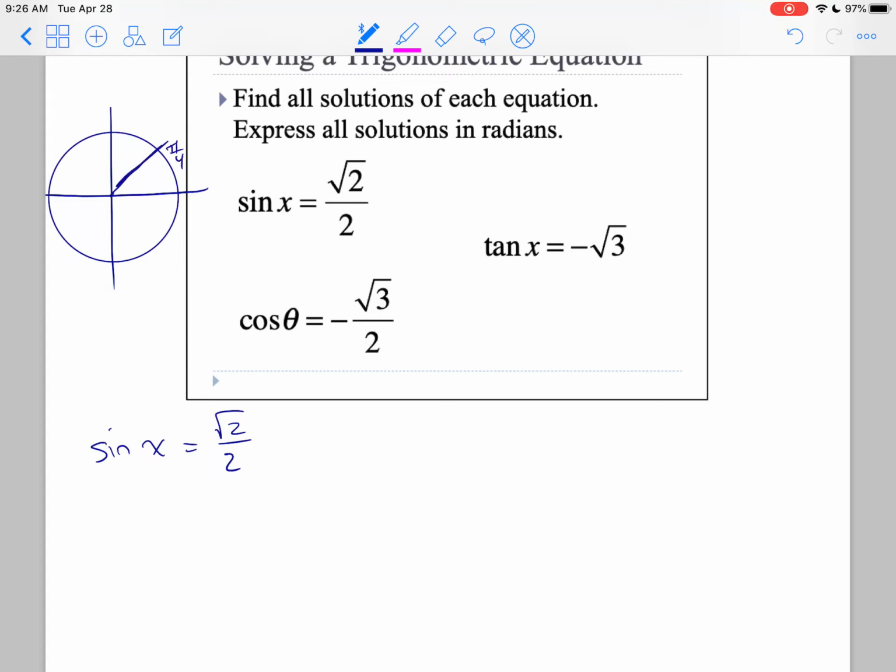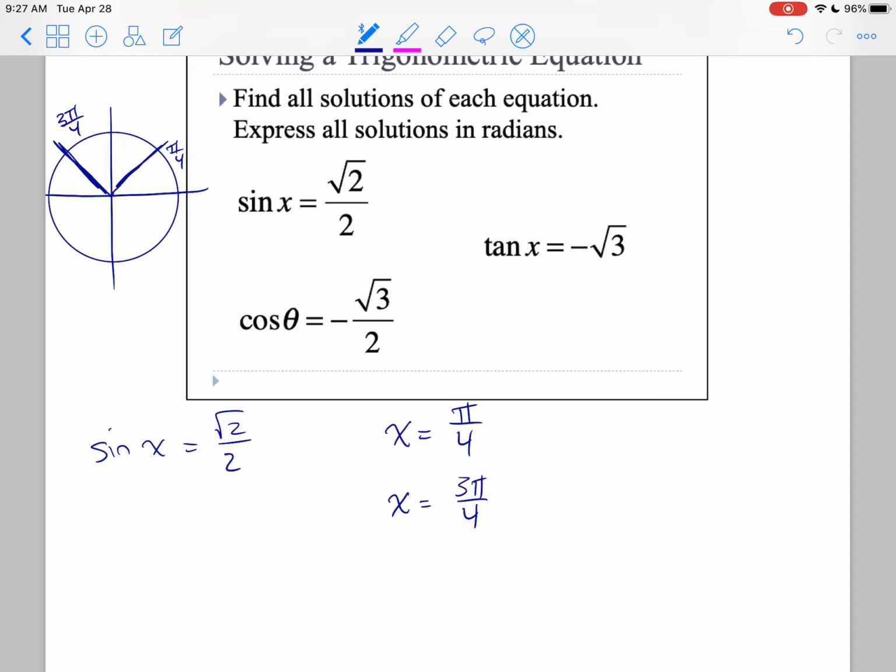And sine is also equal to positive root 2 over 2 over here in the second quadrant, and that's at 3 pi over 4. If I plugged pi over 4 in for x, I'd get root 2 over 2. If I plugged 3 pi over 4 in for x, I'd also get root 2 over 2. So we know that if x equals pi over 4, I'm going to get my answer. We also know that if x equals 3 pi over 4, I'm going to get that positive root 2 over 2.